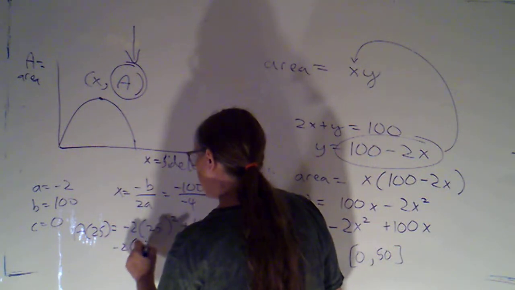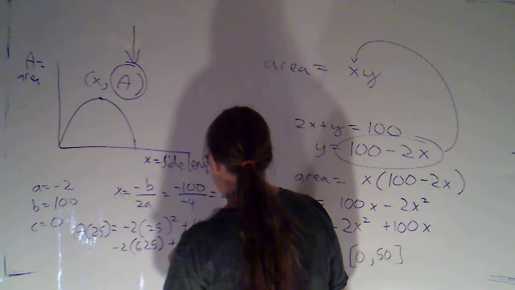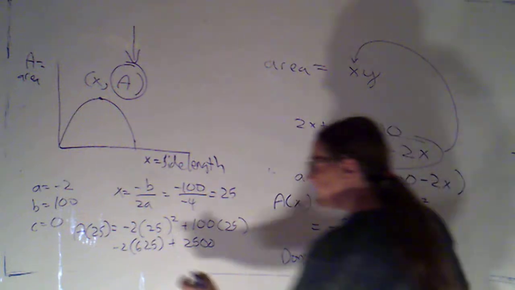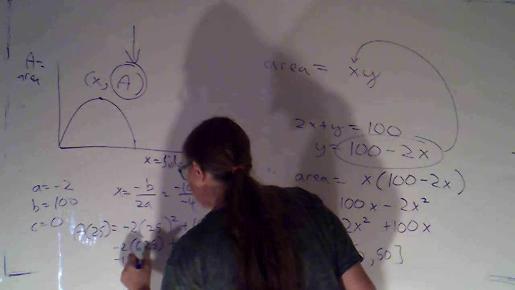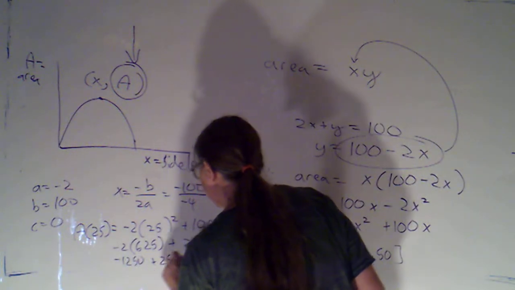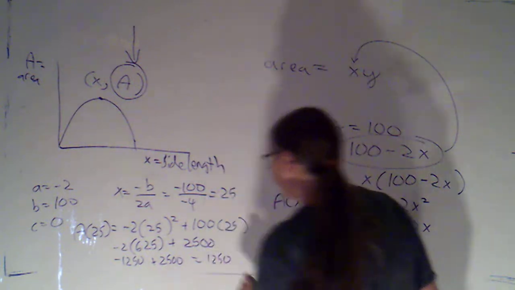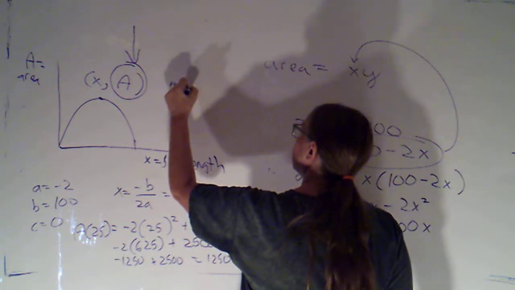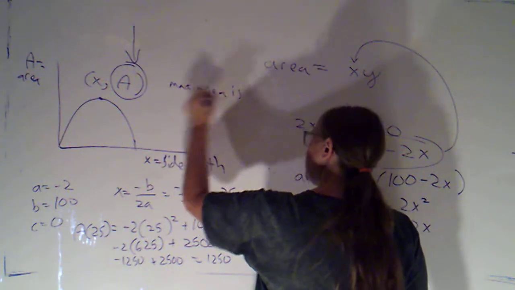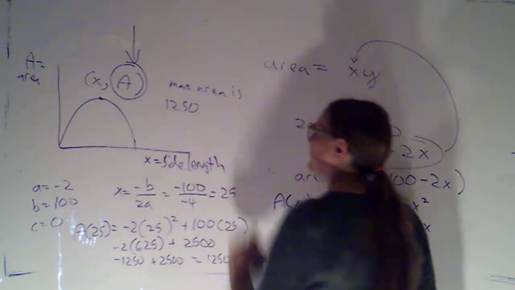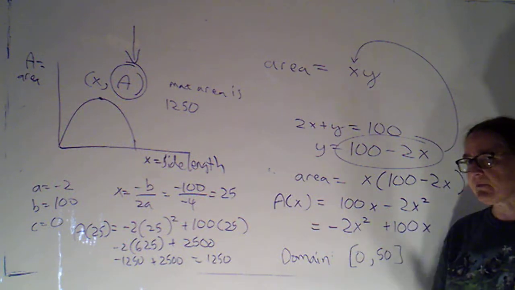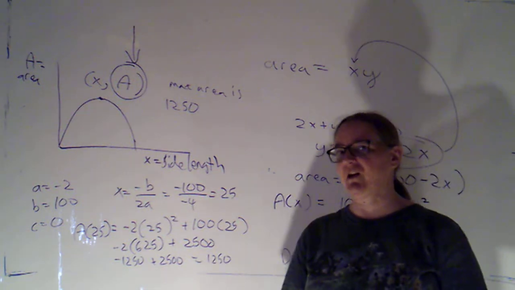So -2 times 625 plus 2500. That's going to be -1250 plus 2500. That's going to be 1250. So the maximum area is 1250. And we should be used to, in application problems, including the units in our answers.